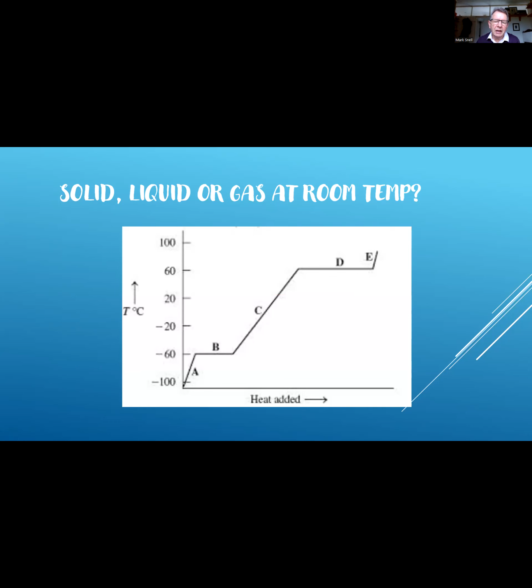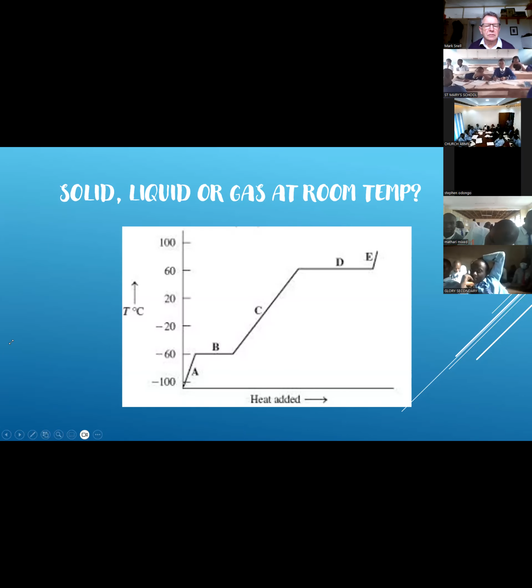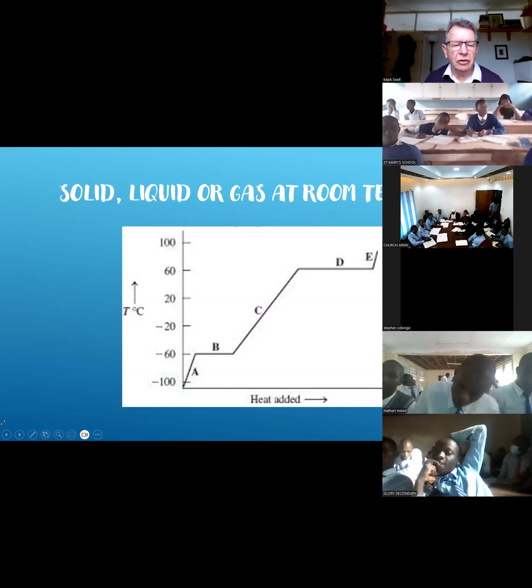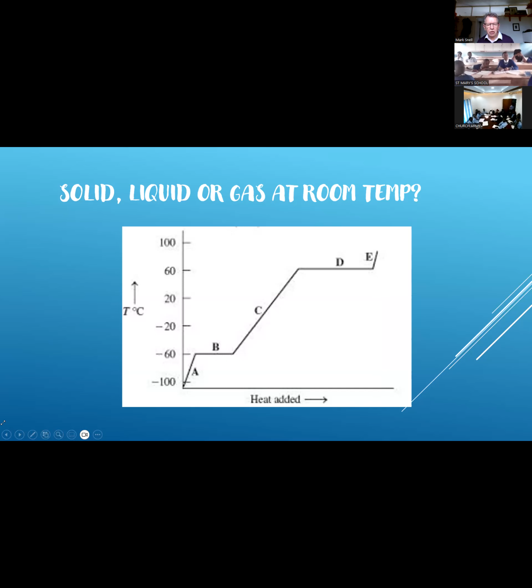Now, I'm going to go back a couple of slides. I'm going to say, what state would it be at -20? What physical state would this chemical be at -20? How would I do that? Well, all I would have to do is draw a line across at -20. So I find -20, I draw a line across.